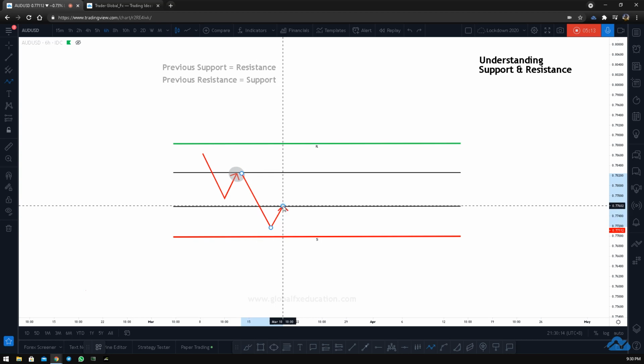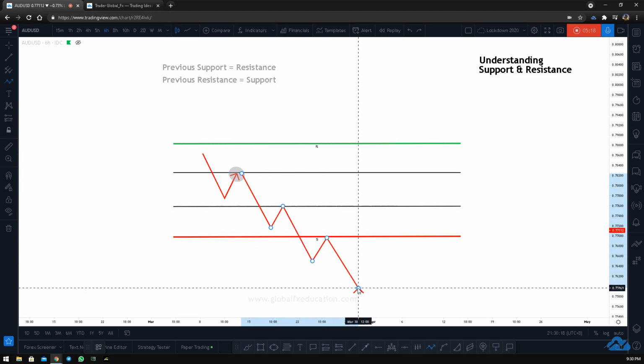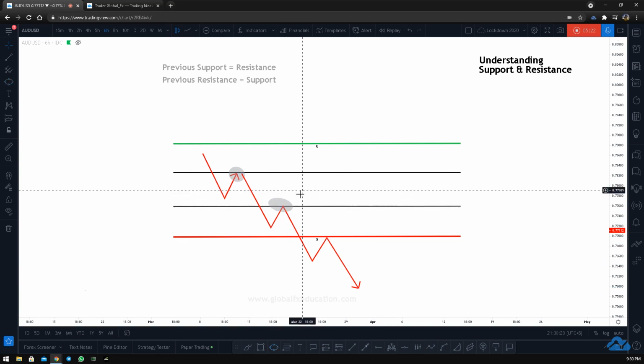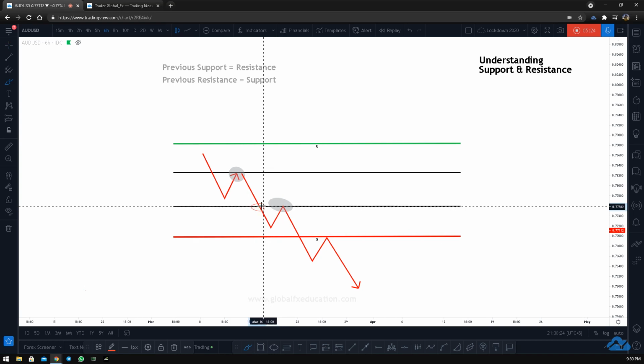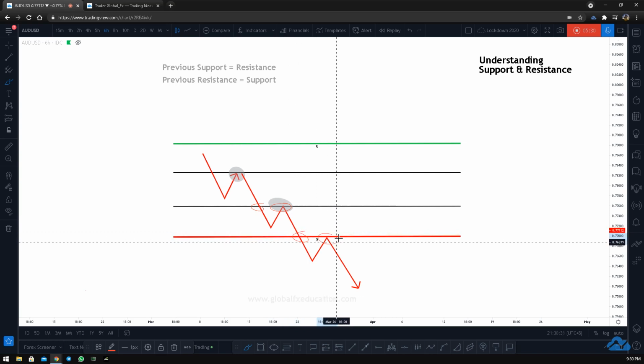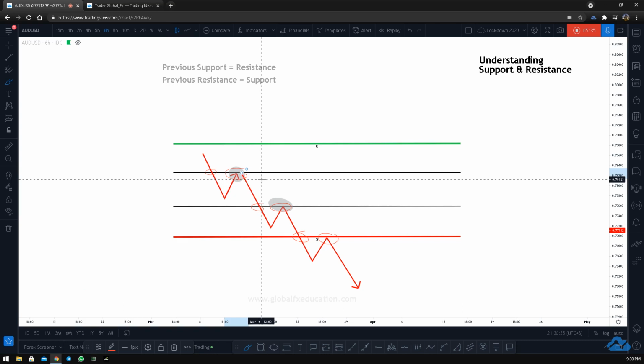It will do this almost every single day. The market will respect it like this. Every time it breaks a support zone, it will become a resistance zone. Previous support, now turned resistance. That is how the forex market works every single day.